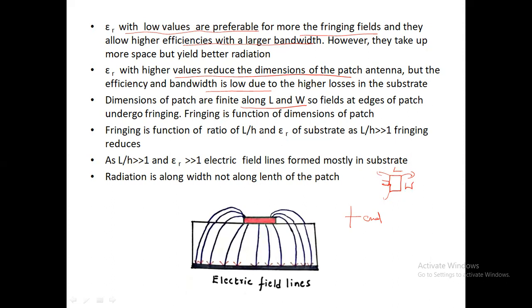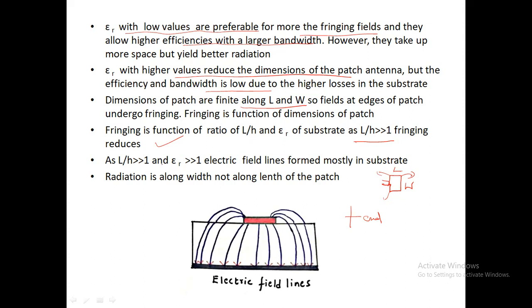So bringing all these things into a relation, for fringing to happen perfectly, a formula has been designed. It is a function of the ratio of L by H, whose value should be greater than 1, where in such a case the fringing effect will be reducing. So we have to keep in mind that our value, whatever we are taking, should not exceed this one.